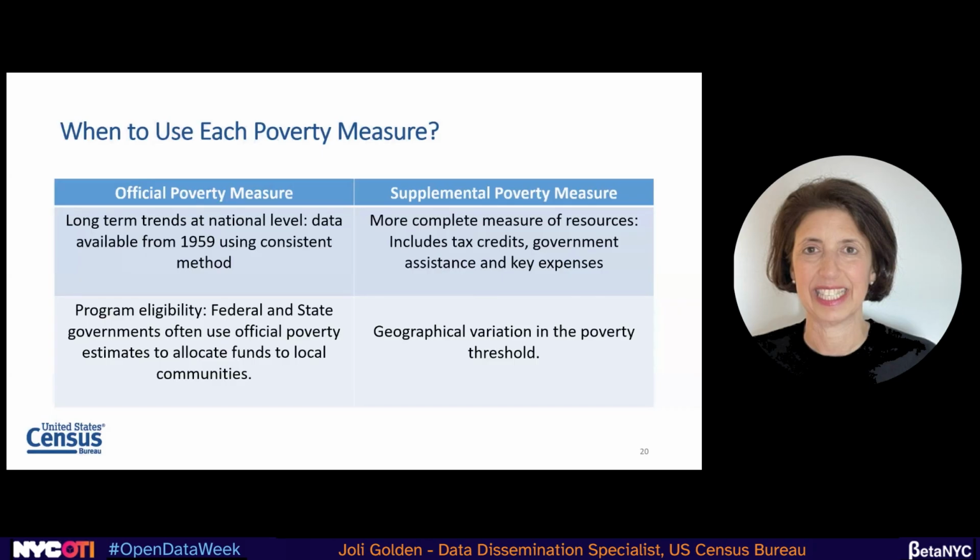For the supplemental poverty measure, we have data going back to 2009. So from 2009 on, you can see that more complete measure of resources, including tax credits, government assistance, and key expenses. You also can look at geographies across the country. So you can compare cities to non-metro areas, et cetera, and look at those through that supplemental poverty measure lens.